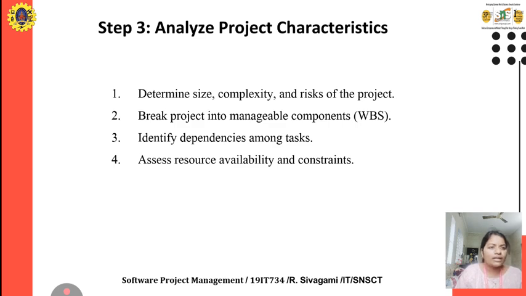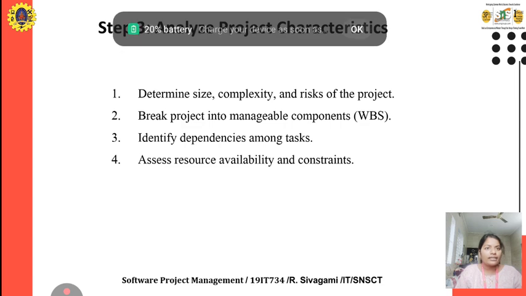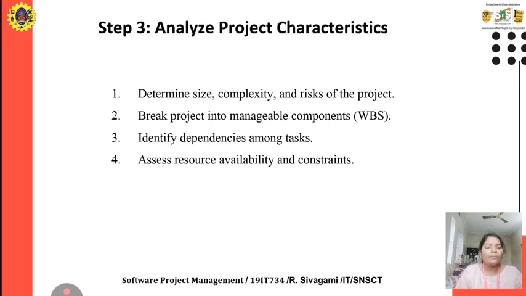During the project, some risk will occur, so we analyze the characteristics of the project first. The next one is to identify the dependencies amongst the tasks, and assess resource availability and constraints.